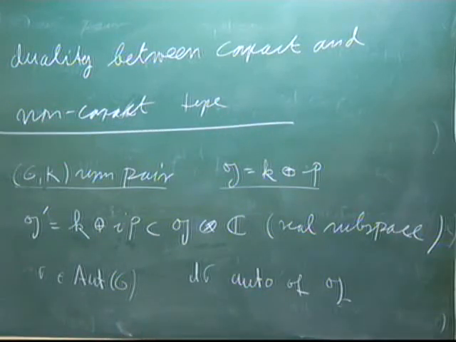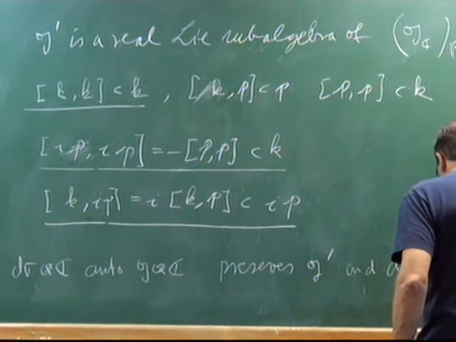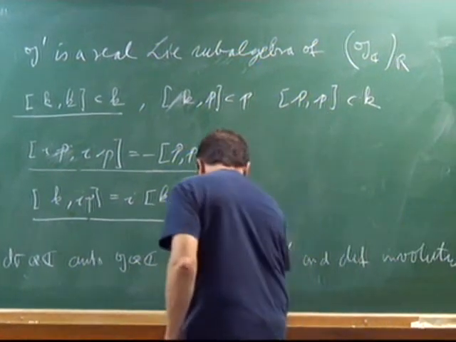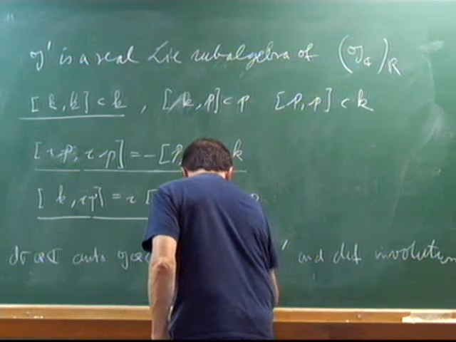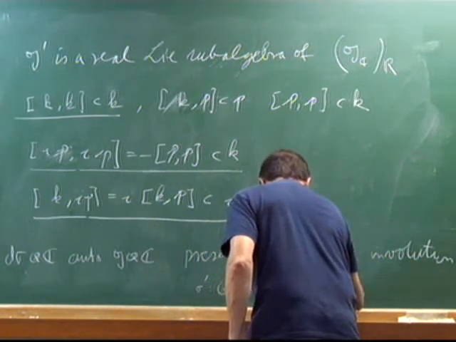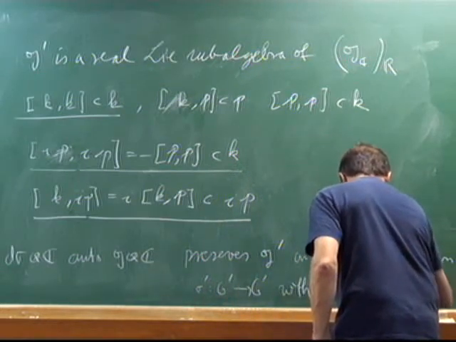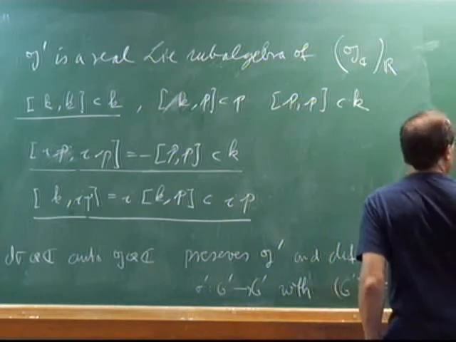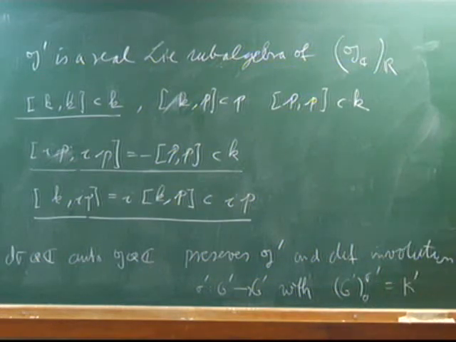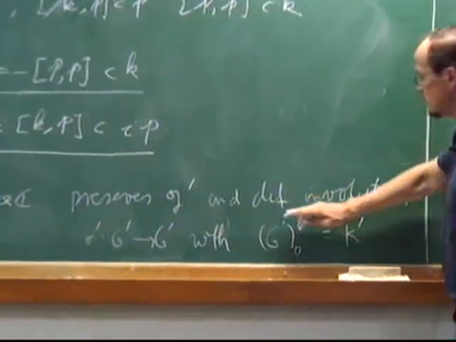So it defines an involution sigma prime from G prime to G prime with stabilizer equal to K prime, at least the identity component. Right, so I have an automorphism of the complexification. It preserves the G's.